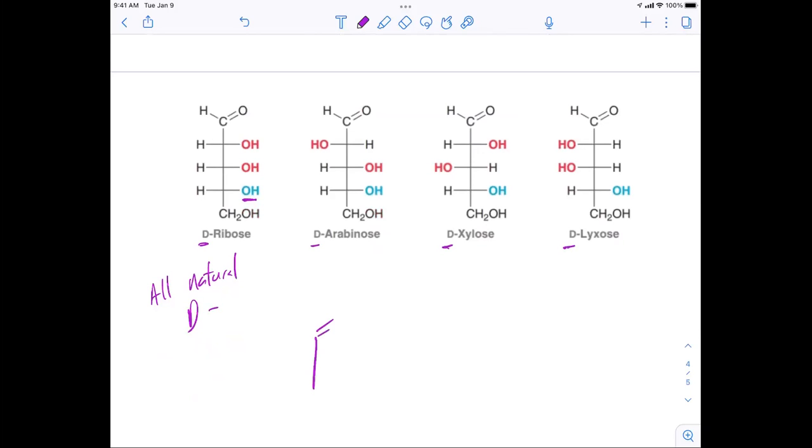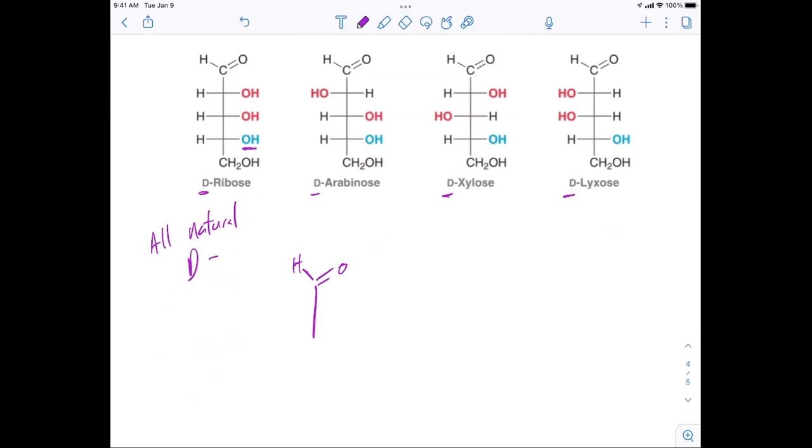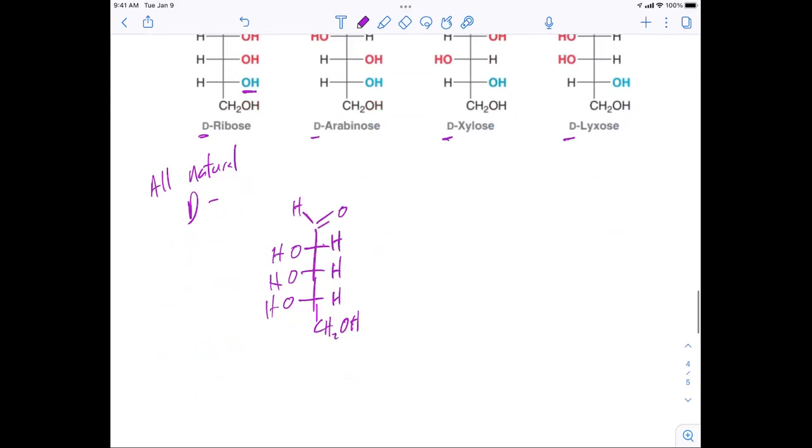If we looked at an L sugar, this molecule would be L-ribose. So it'd be the mirror image of the D-ribose.